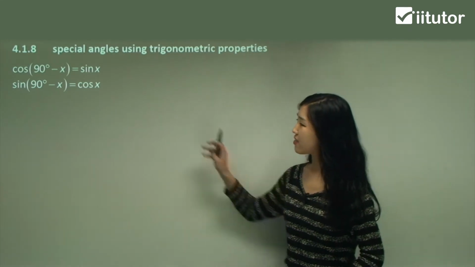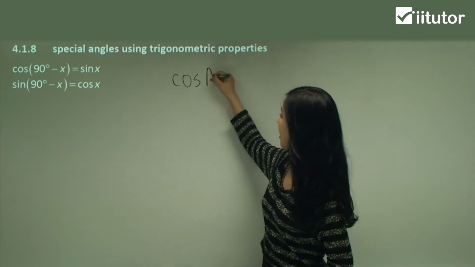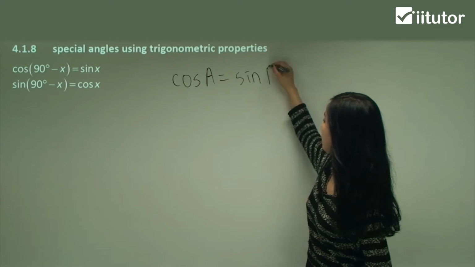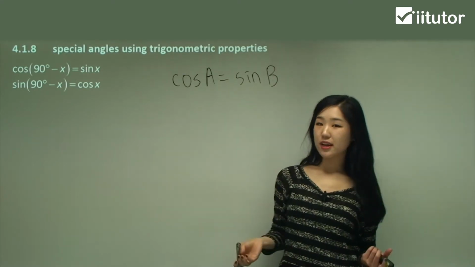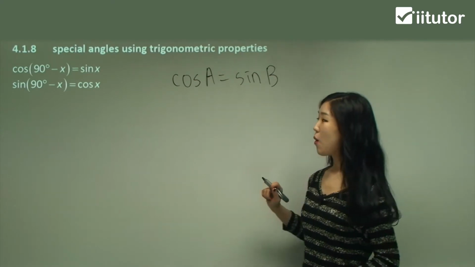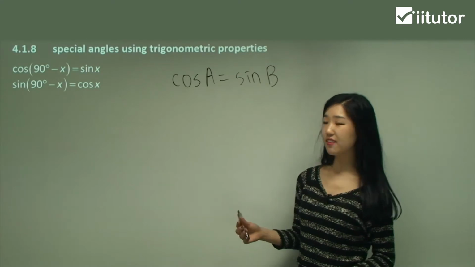And if you like, this one basically says if cos A equals sine B, what is the relationship of A and B? Having a look at that, as I told you, cos 90 minus x equals sine x.